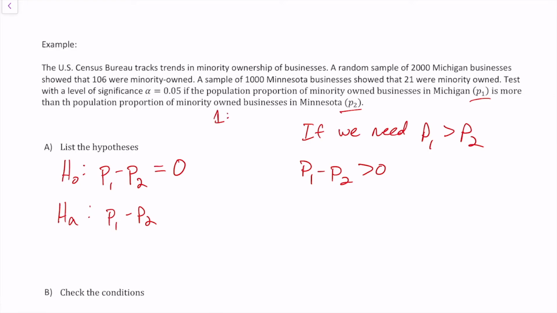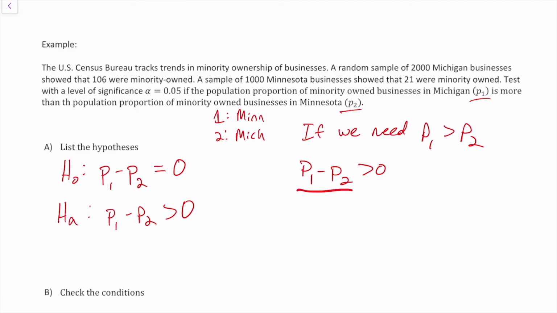Let's say 1 is Minnesota, and 2 is Michigan. What we're saying is if I need Michigan to be more than Minnesota, because I define my difference as P1 minus P2, I need that difference to be something positive, greater than 0. I need big number minus small number. That's how I get a positive value. Okay. All right. So right here we have P1 minus P2 needs to be greater than 0.